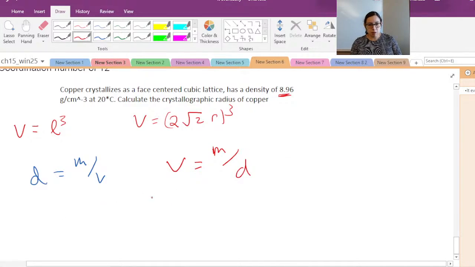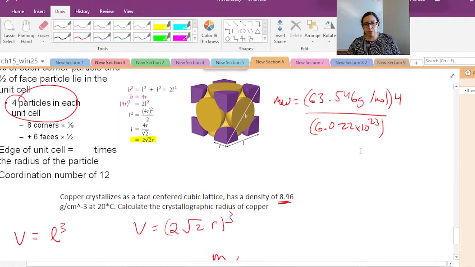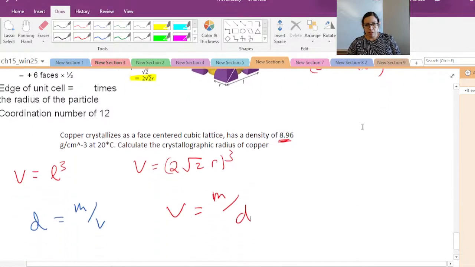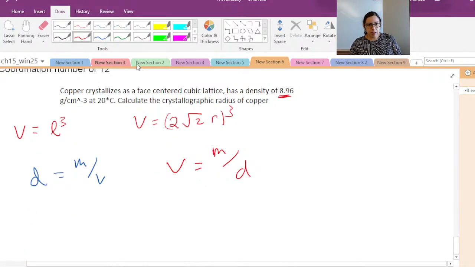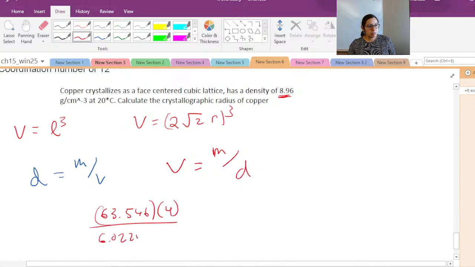So, plugging in my value for our mass. So again, our molecular weight times the 4 atoms that we said were in there, divided by Avogadro's number to get to 1, and then divided by the density.